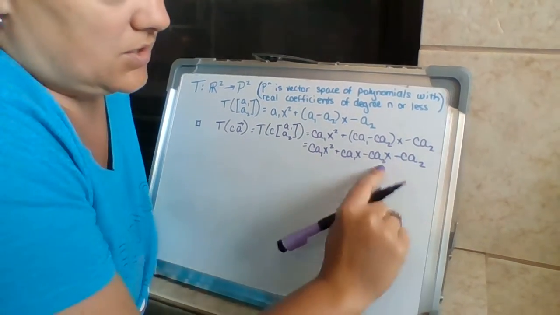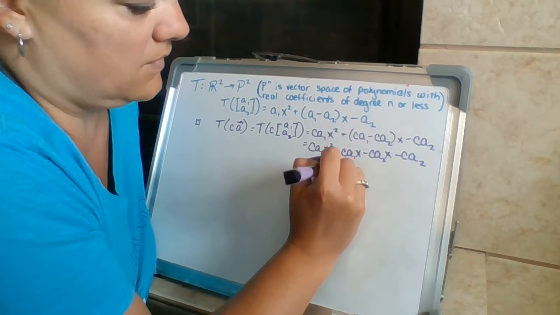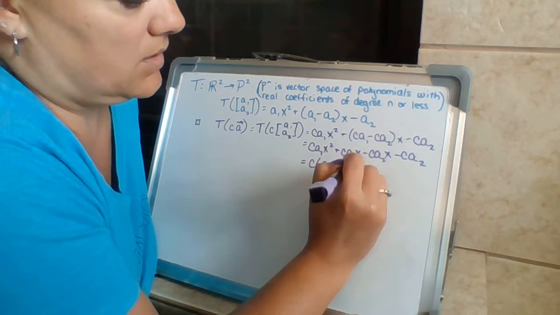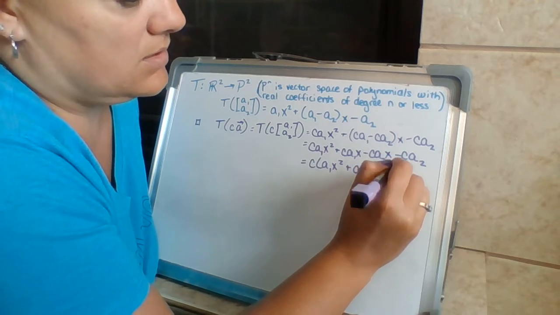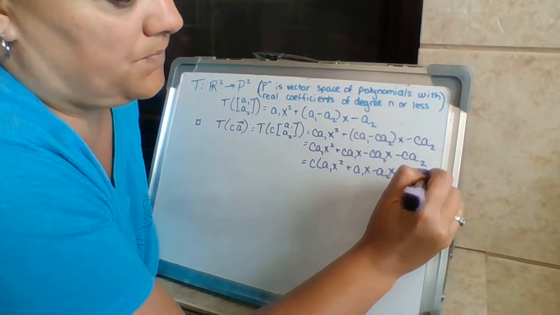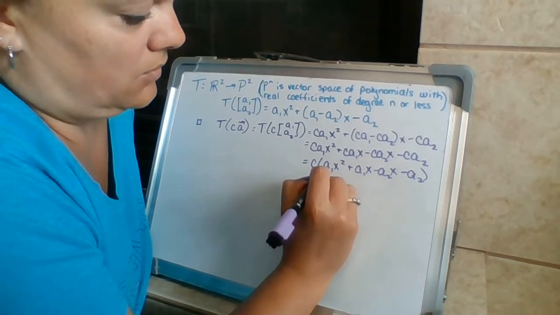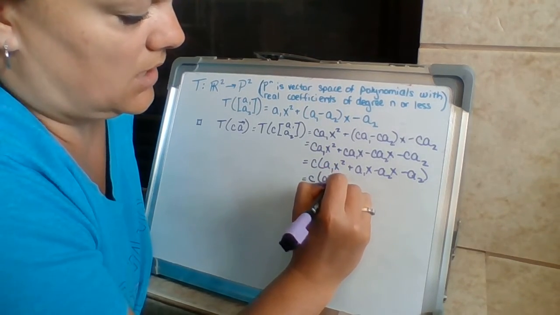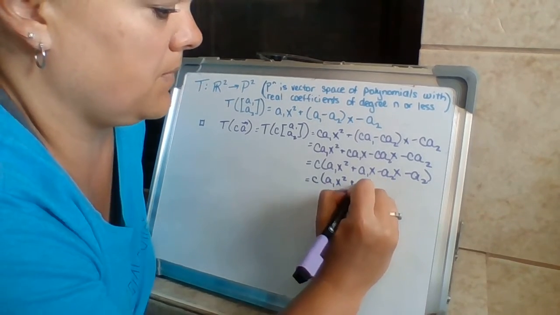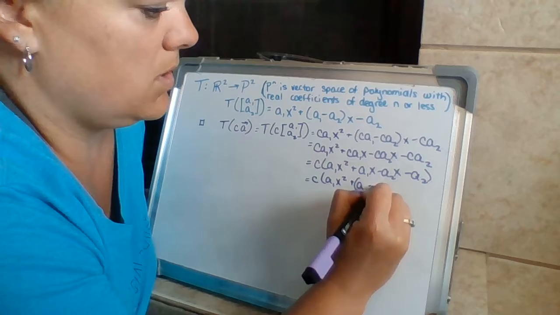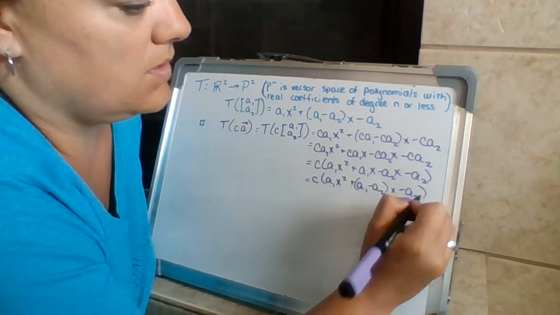Now I can factor c out of all of those, and I have a1 x squared plus a1 x minus a2 x minus a2. And then I can factor the x out of the middle terms, and you'll notice that it looks just like my transformation of vector A: a1 x squared plus (a1 minus a2)x minus a2.